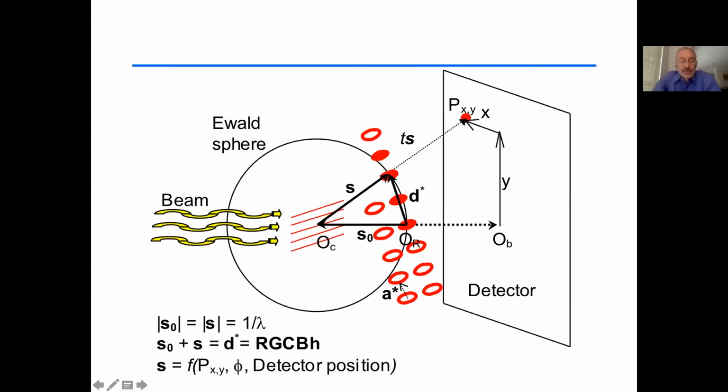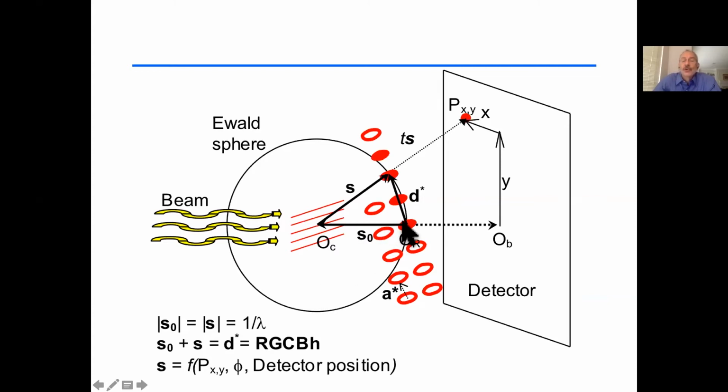So this shows a diagram of the diffraction experiment with some labels and some equations. The X-ray beam is coming in from the left. These red lines are meant to depict Bragg planes in a crystal. This is the center of the crystal, the origin of the crystal. And the Ewald sphere has already been introduced. And so you should know that the radius of this Ewald sphere is 1 over the wavelength, 1 over lambda.